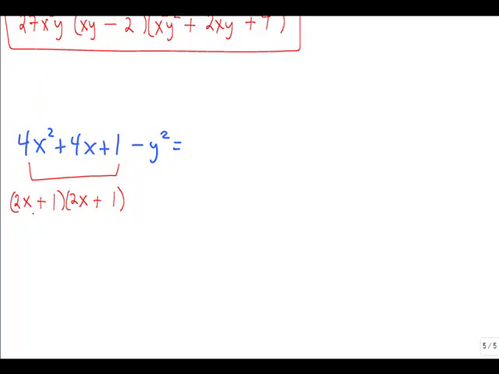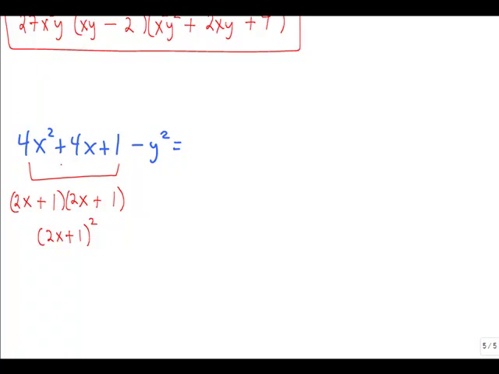Now notice that these 2 factors here are identical. So I'm going to rewrite this as 2x plus 1 quantity squared. And I'm going to think of that as a perfect square. That's why I said up here earlier that this is actually the pattern of a perfect square binomial, because it's 2x plus 1 quantity squared.